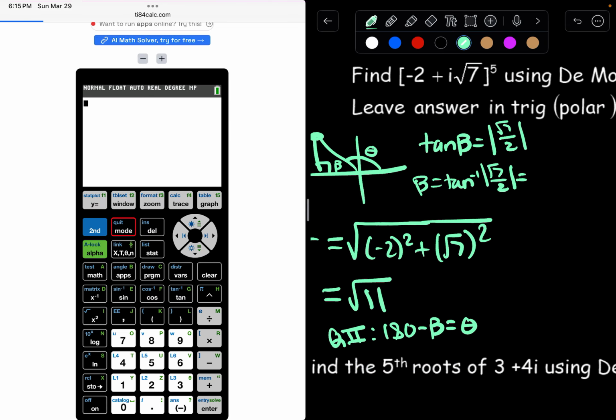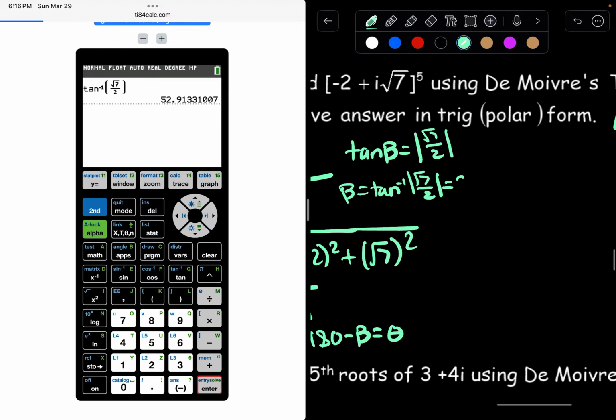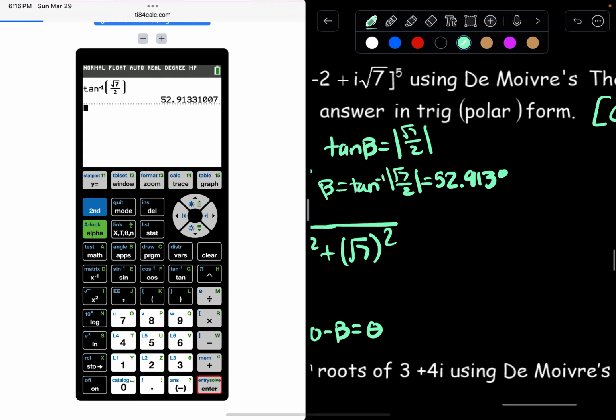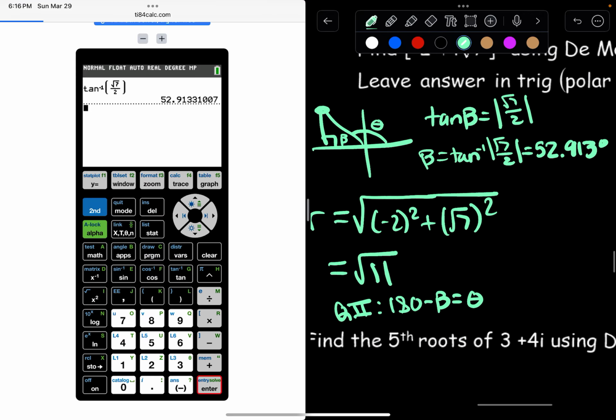And when we type this in the calculator, I'll do second tangent, square root of 7 over 2. We end up with 52.913 degrees. Now, when we apply this to the fact that we are in quadrant 2, I will do 180 minus beta.